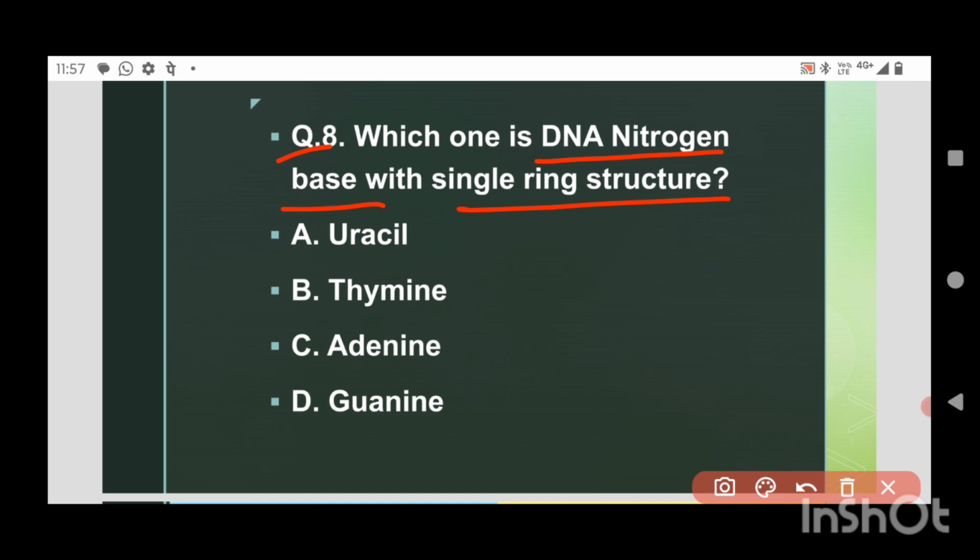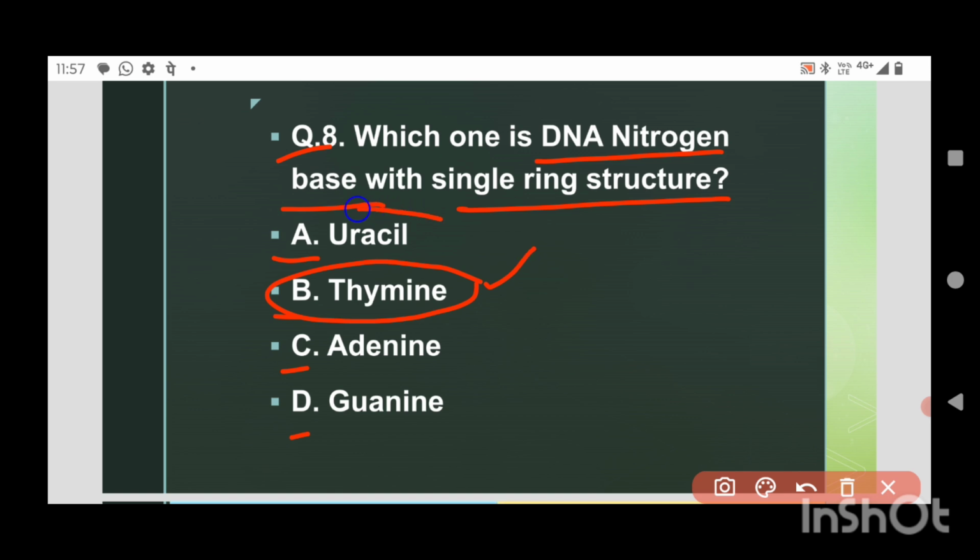Options are given as option A uracil, option B thymine, option C adenine, and option D guanine. And the correct answer will be option B, which is thymine.